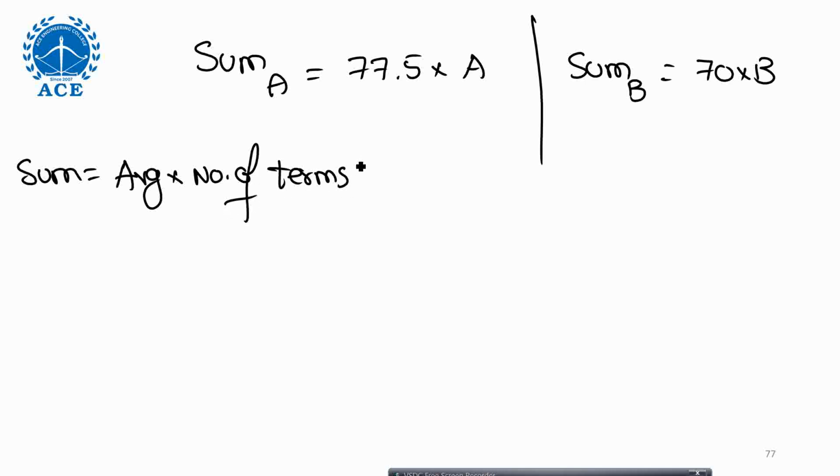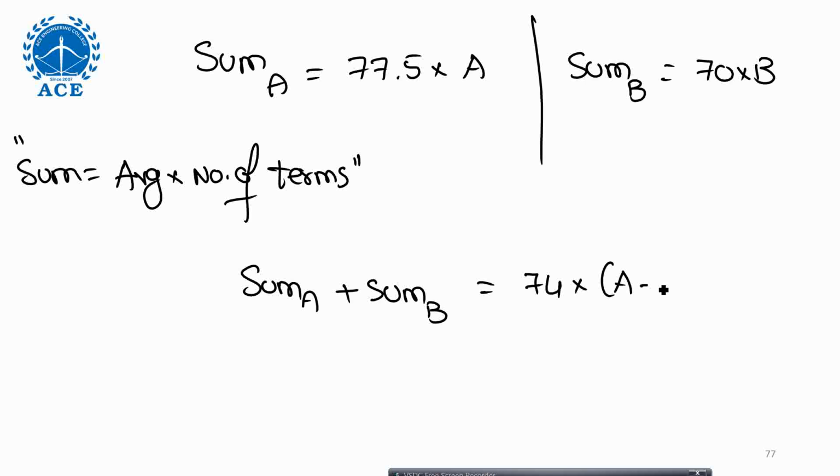Now, what is the two sections combined? 74. So A section plus B section, the average is 74. Strength is A plus B. A section strength I am taking as A, B section strength as B. Now put that here.